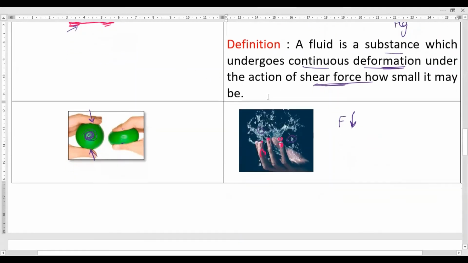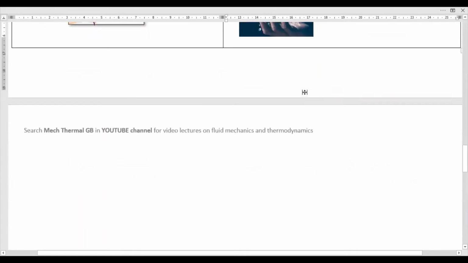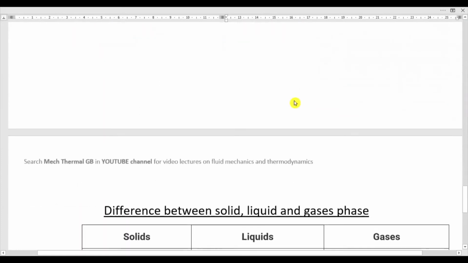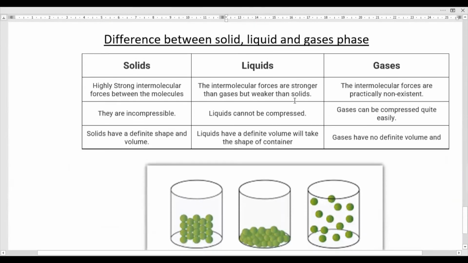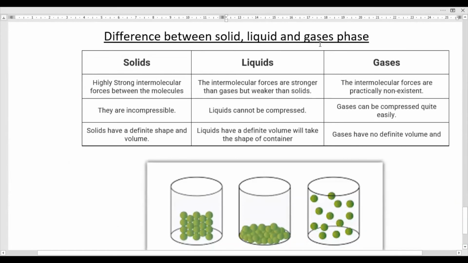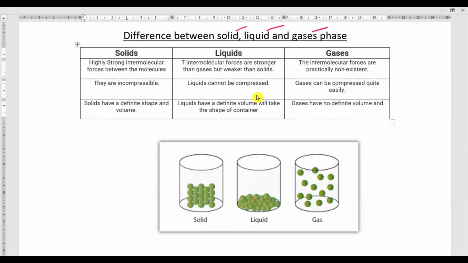Now we'll also understand the difference between fluids, that is liquids and gases, and solids. Some definitions you might have studied in previous courses. So, the difference between solid, liquid, and gaseous phase. As we know, in solids the force of attraction between two molecules is much stronger because the molecules are closely packed to each other, as you can see in this picture.